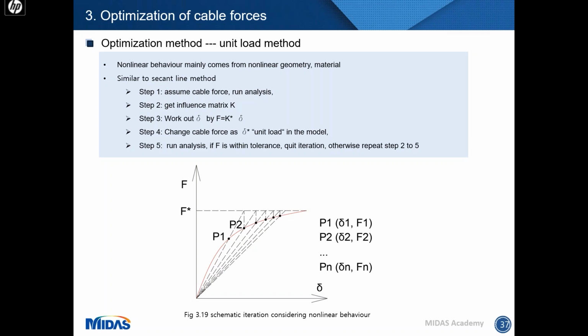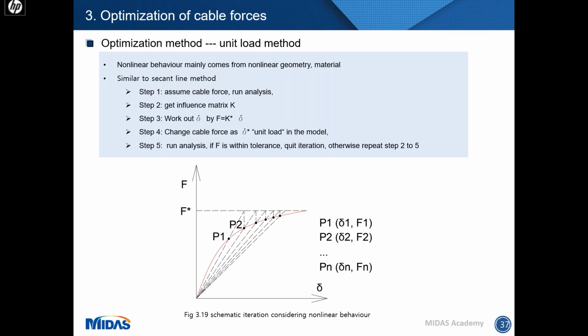In the first step, we assume cable forces. Then we run analysis. In the second step, we get the influence matrix K, and then we work out the data using the equation F equals K times data, and then we change cable forces as data times unit node in the model, and we run analysis.